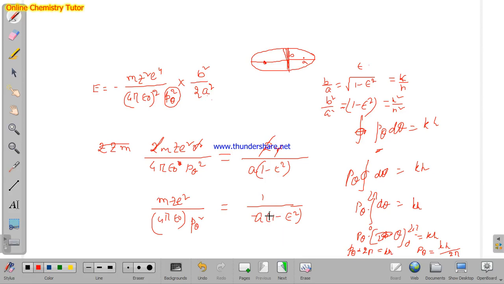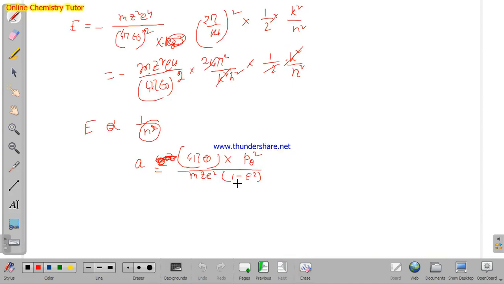From here we get the value of a equal to 4 pi epsilon naught into p theta square by m z square into 1 minus epsilon square. We are writing this here.